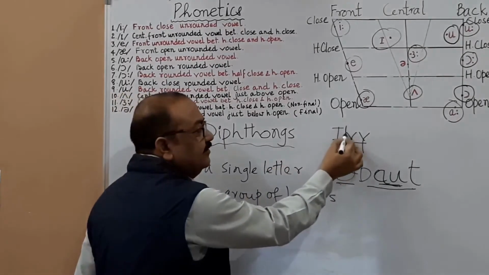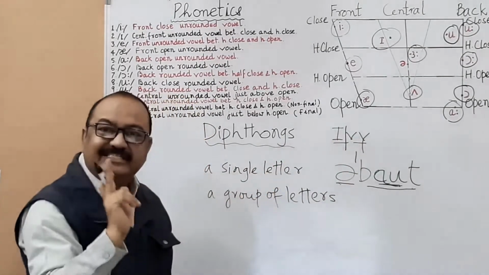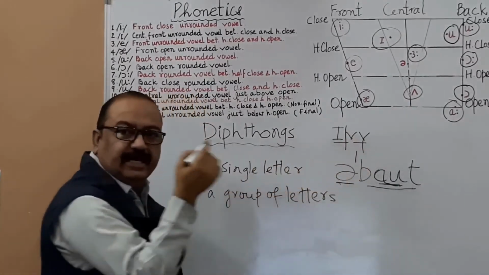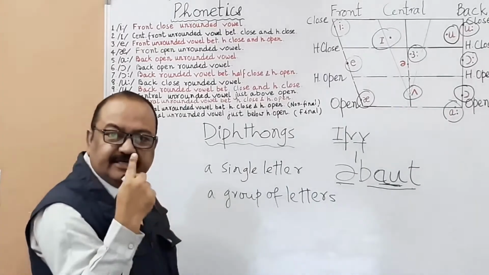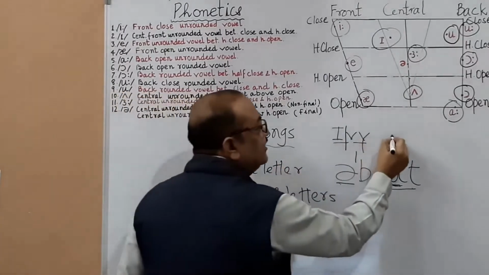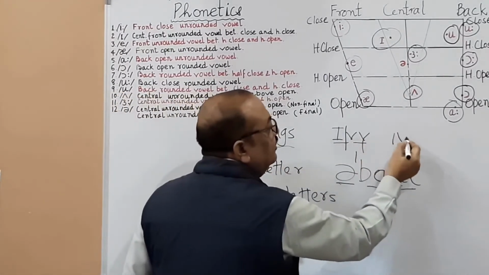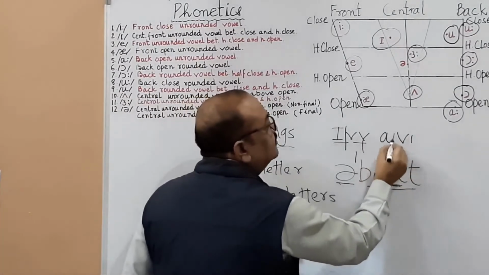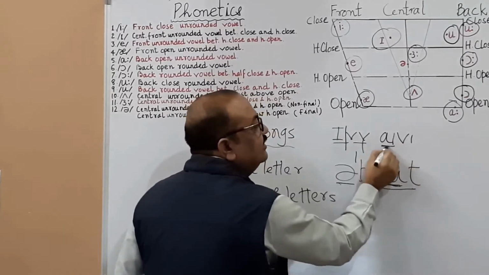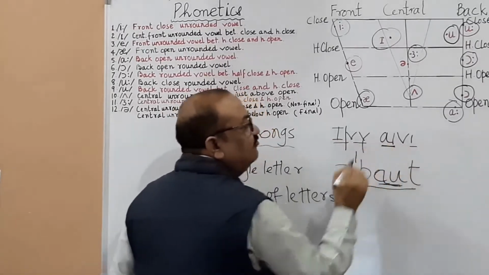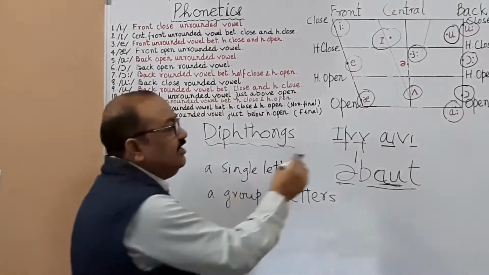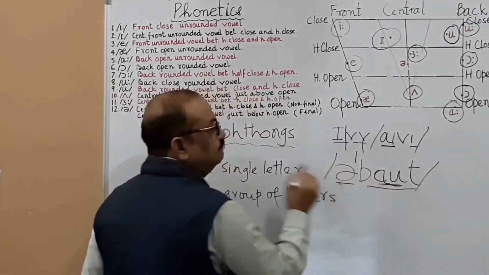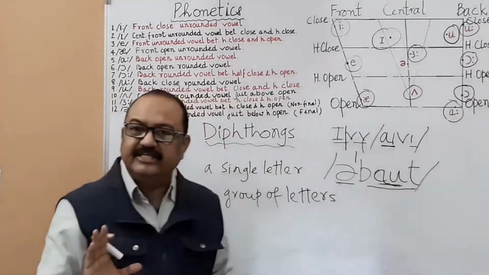I has one distinct vowel sound, and V again has one distinct vowel sound. How do you transcribe? You transcribe IV. This is a diphthong, and this is a vowel sound. This is how you transcribe it. You understand what a syllable is?